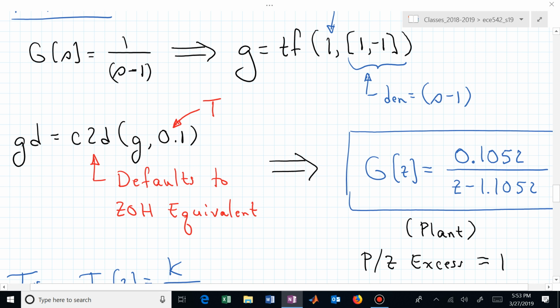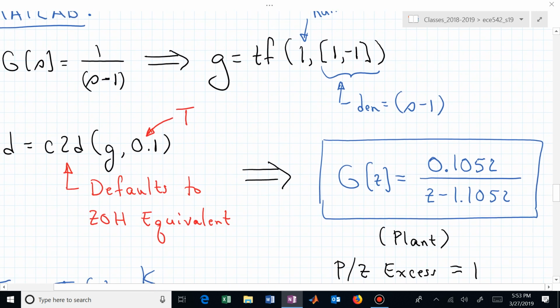And that's now what is sitting there in the blue box, capital G of Z, and that now should be what you could use in your design for problem number 3. Now you could say from MATLAB, G of Z, or you could show these little steps, and that's probably what I would do if you don't want to do anything more.